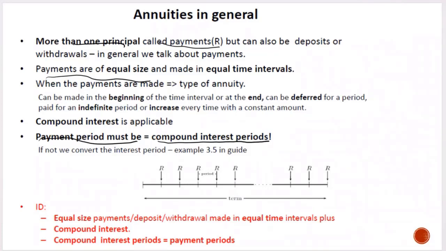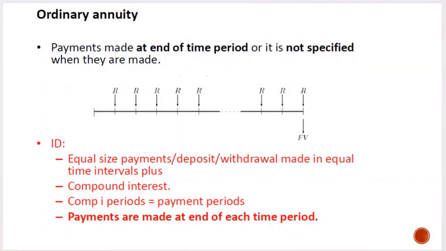So now we are going to look at those. What is important about annuity? We are going to look mostly at the ordinary annuity. The ordinary annuity is when the payments are made at the end of the time periods. For example, let's say this is your beginning of the month, this is your T0, this is T1, this is T2, this is T3, for monthly payments.